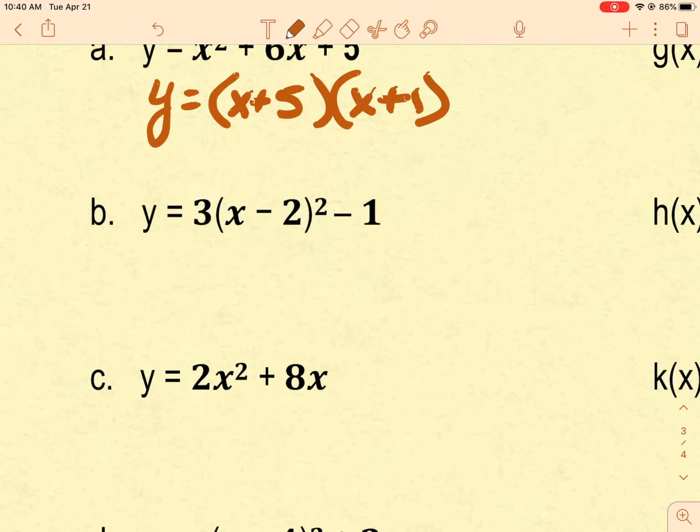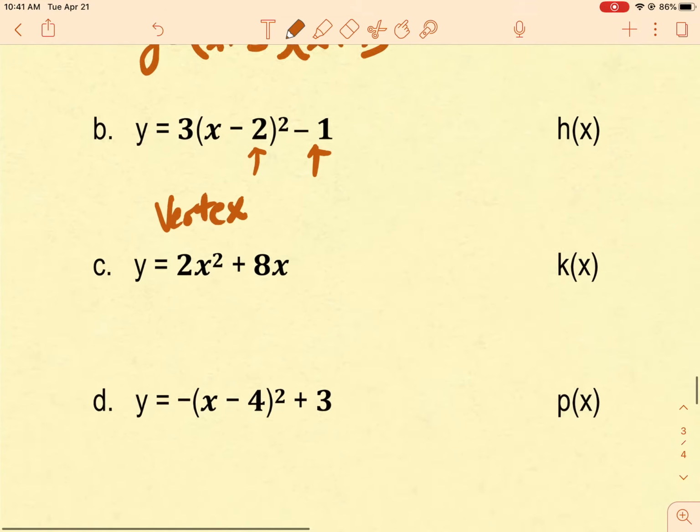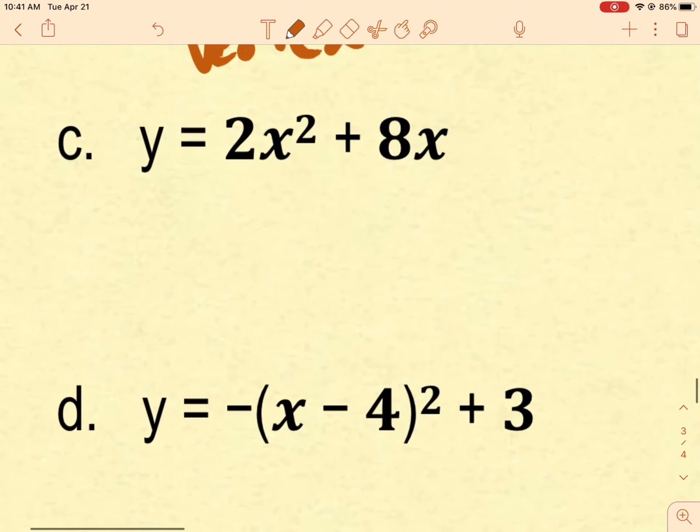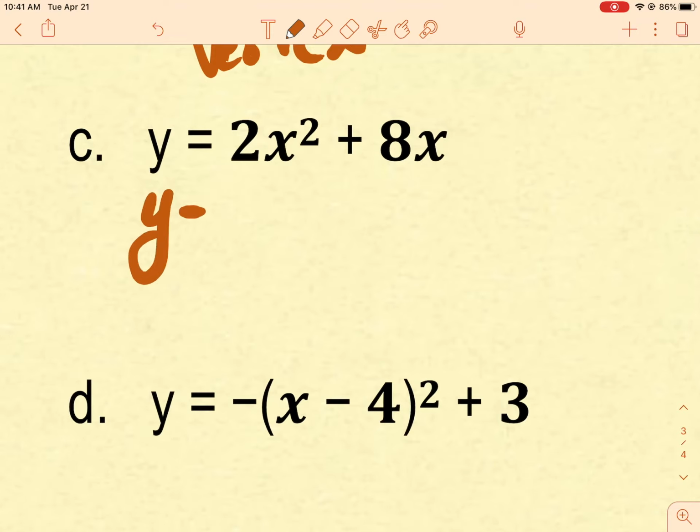With B, it's in vertex form already. So these numbers help with the vertex. Then that could help you match where it is. The third one is in standard form. That factors, but it's like the first problem on the last assessment.